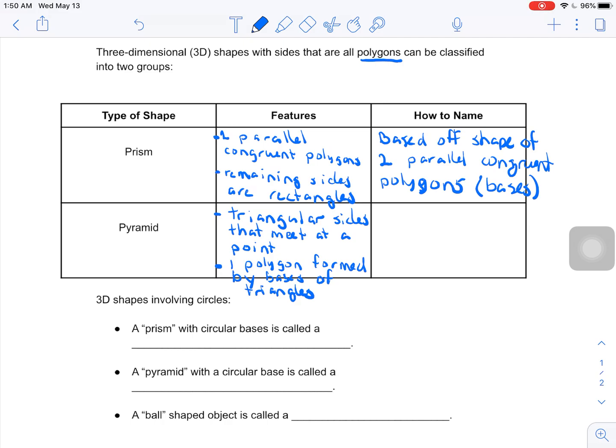A pyramid will only have one base, and its base is that polygon that's being formed by all of the bases of the triangles. And that shape is also how we name a pyramid. So it is based off the shape of the polygon formed by the triangle bases.